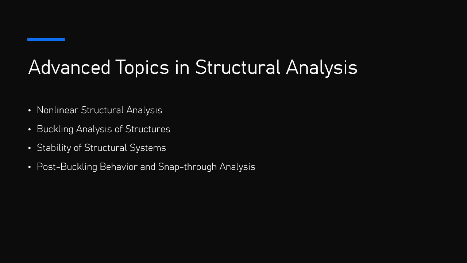This could lead to phenomena such as tipping, side sway, or collapse. Seismic stability is particularly important in regions subject to earthquakes. Engineers must ensure that structures are capable of resisting lateral forces and maintaining stability during seismic events.